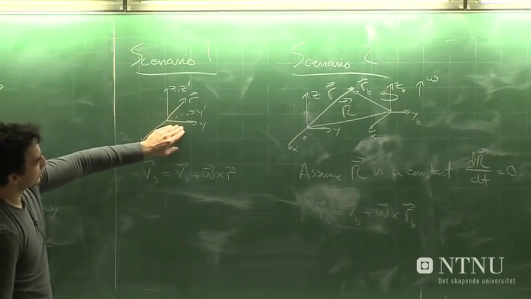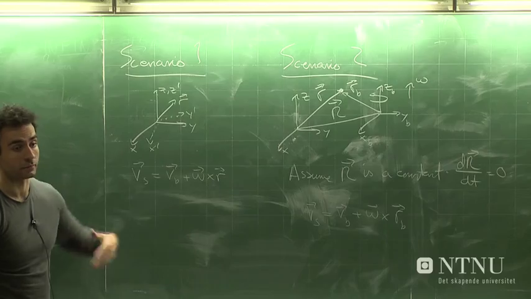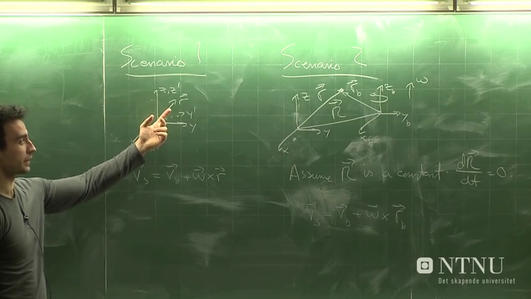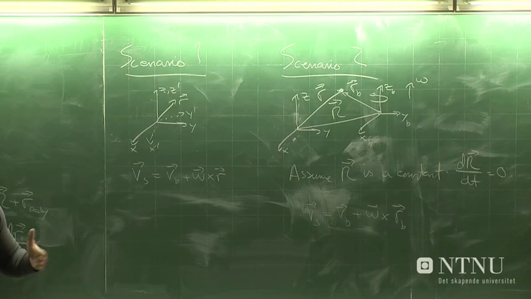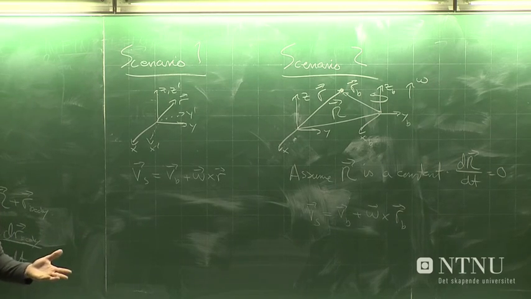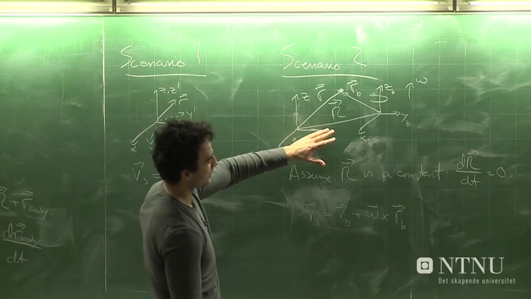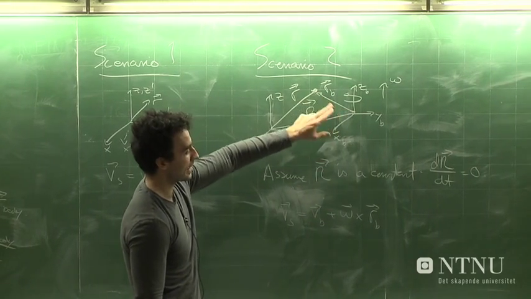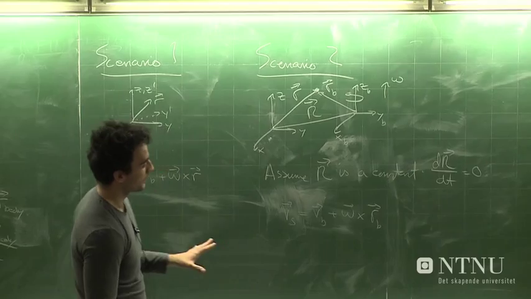In the first case, the r is unambiguous. There's just one position vector to deal with. Now, we can write it differently in the two coordinate systems, but there's still just one vector. In this case, we have to keep in mind that this operator relation means r body as seen from the body system.